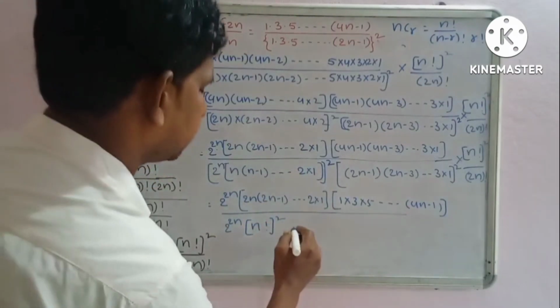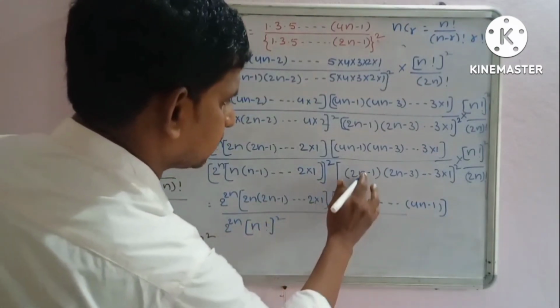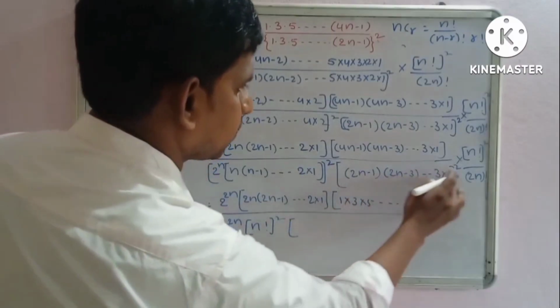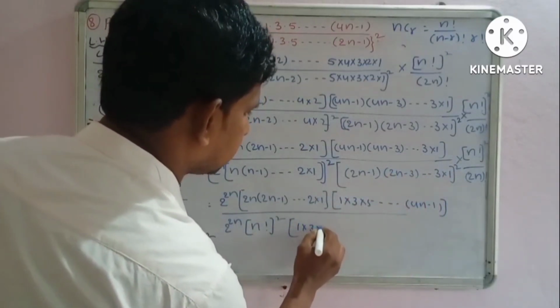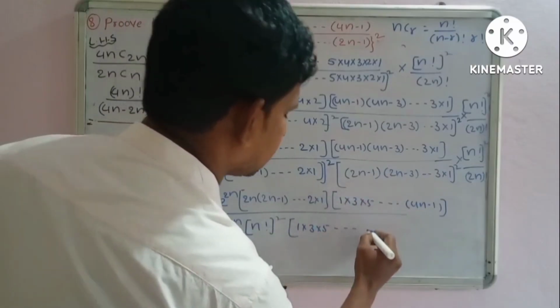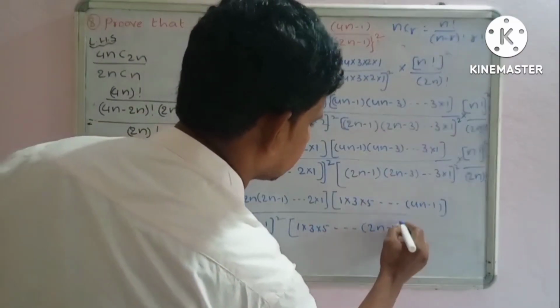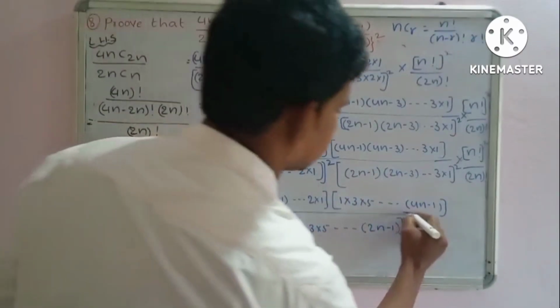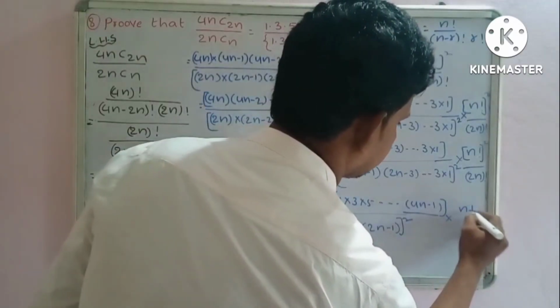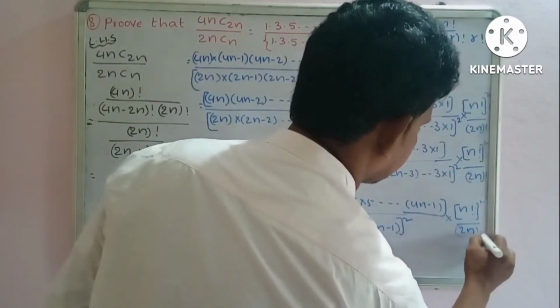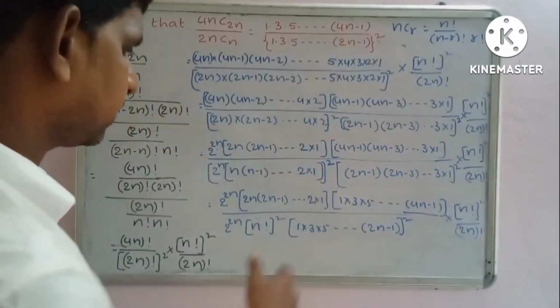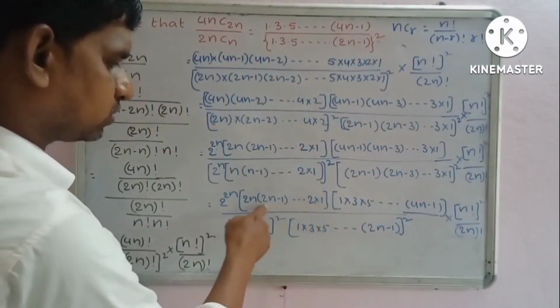Okay. Into 1, 3, 5, and so on. So write 1 into 3 into 5 into so on up to 2n minus 1 whole square, into n factorial whole square by 2n factorial. Okay. See, 1 into 2 into 3 into so on up to 2n.